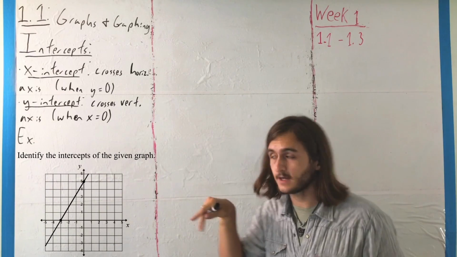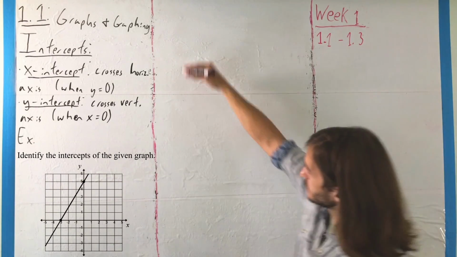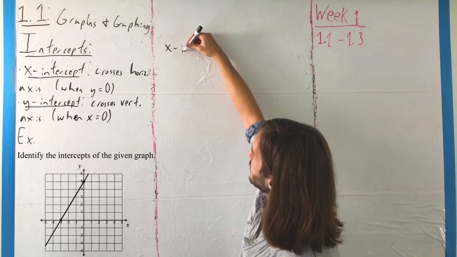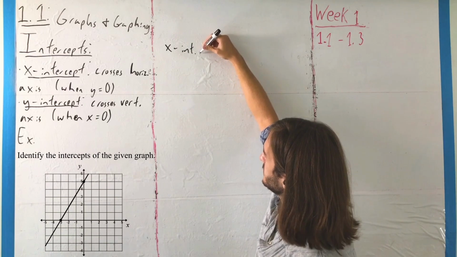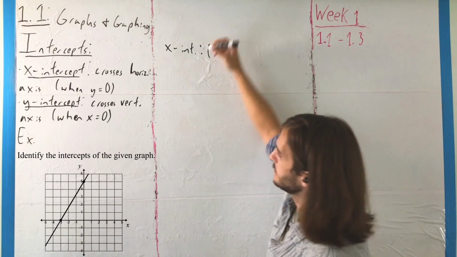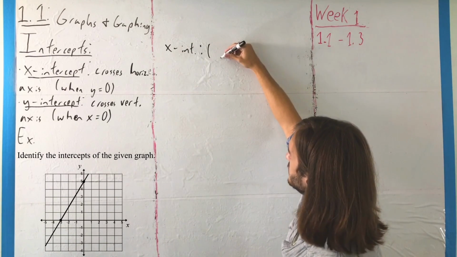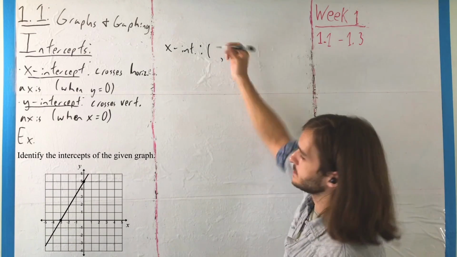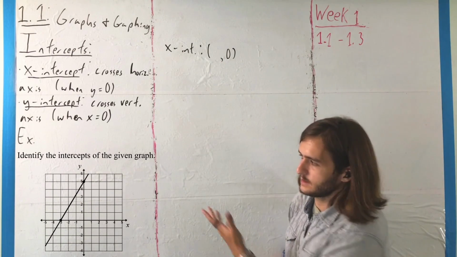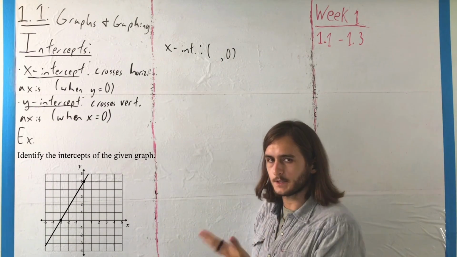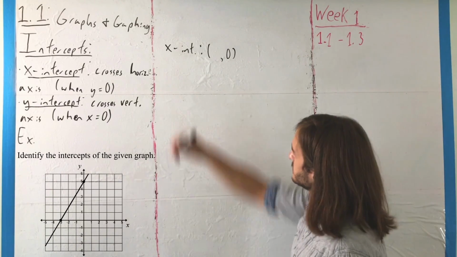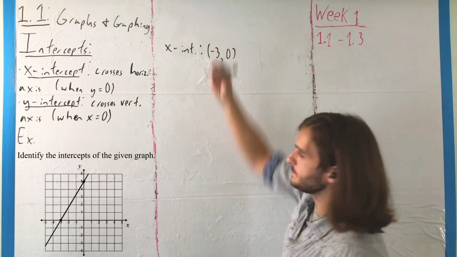And if we're hitting the x-axis, that means y is equal to 0. So, for our x-intercept, which I'm going to abbreviate x-int, that would have to occur at points where y is equal to 0 and x is equal to something. The scale is a little bit small there, so you might not be able to see it nicely, but the x value there would be -3.